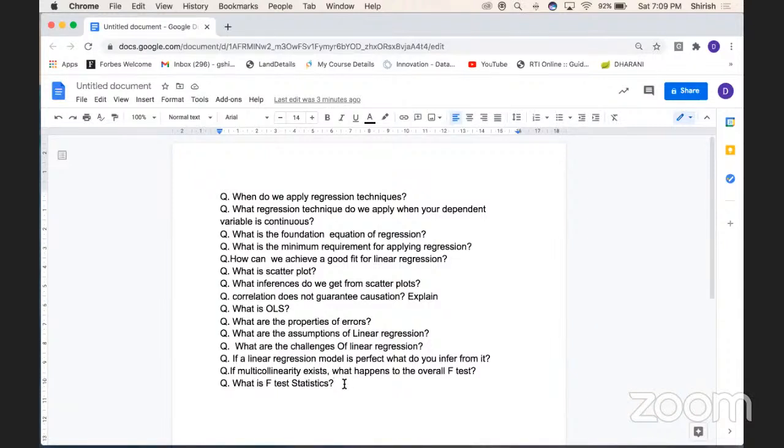So when you talk about the goodness of model, why do you think multicollinearity exists? What is the reason behind multicollinearity? Why does that particular problem arise?